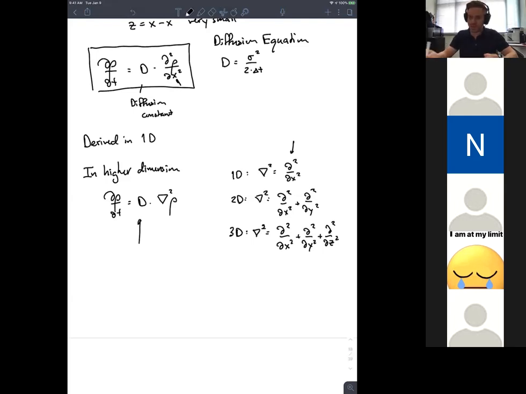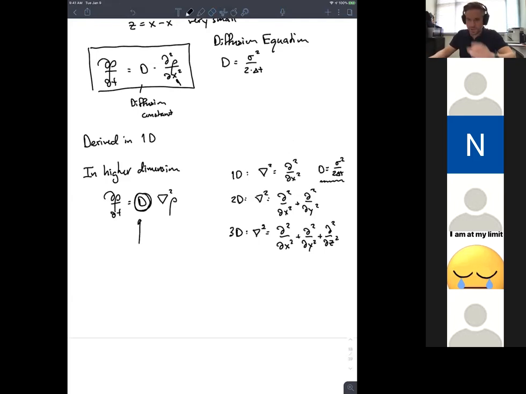Essentially, for every term in the Laplacian, let me write it out in one dimension first. Our diffusion constant here was sigma squared over 2 delta t. The constant multiplying the Laplacian, I'm going to get a factor of this sigma squared over 2 delta t for each term.